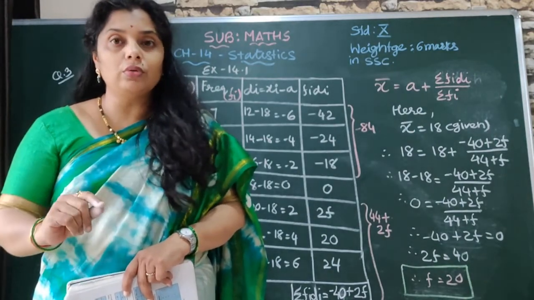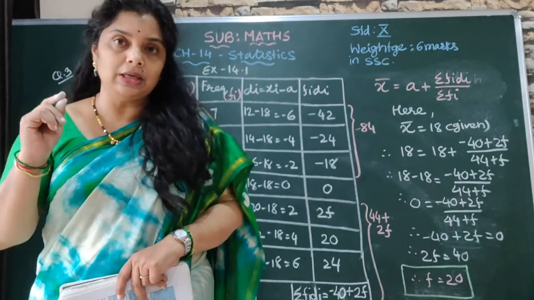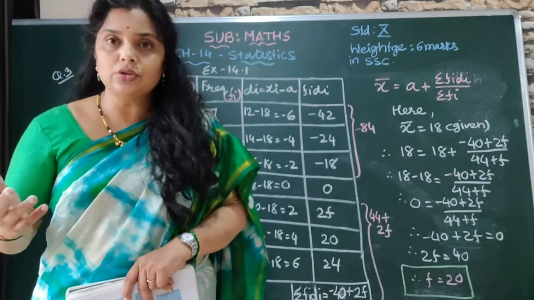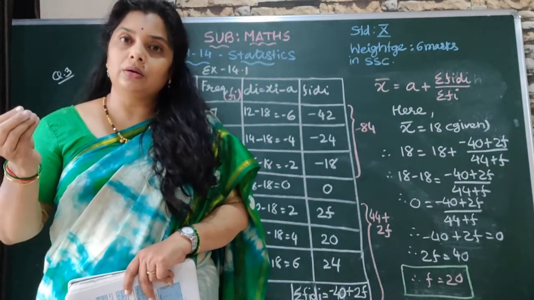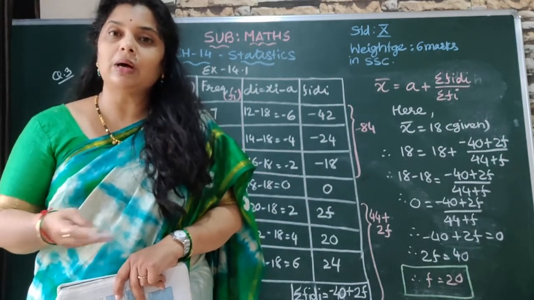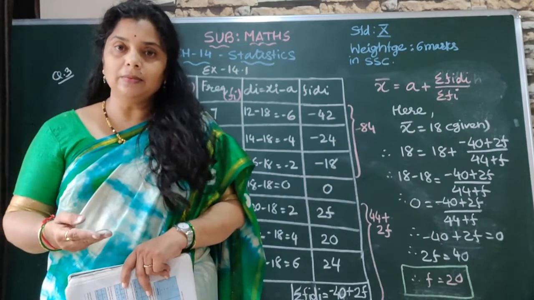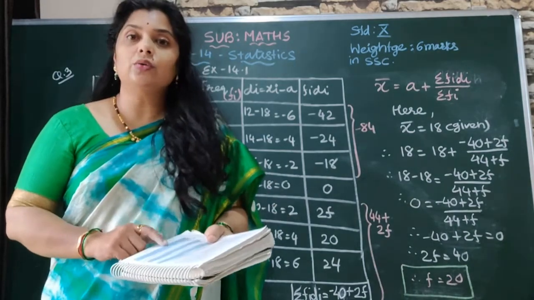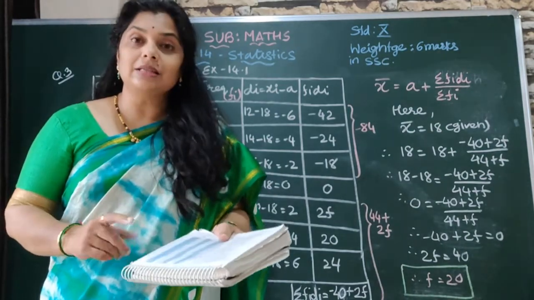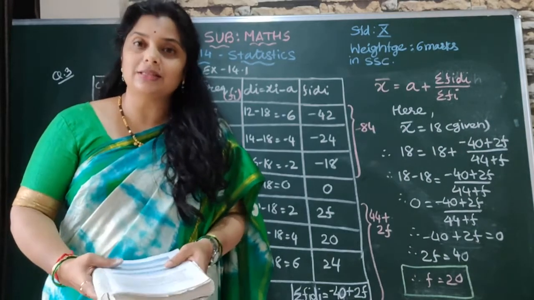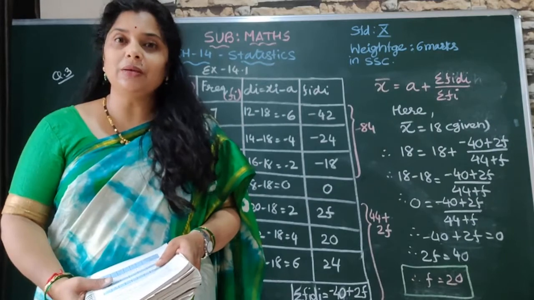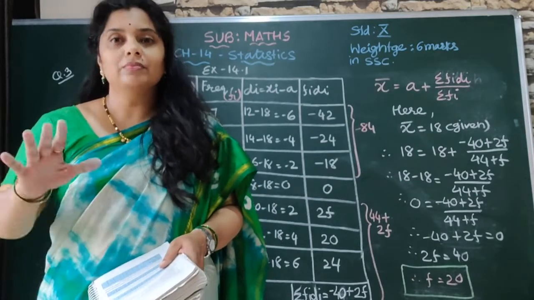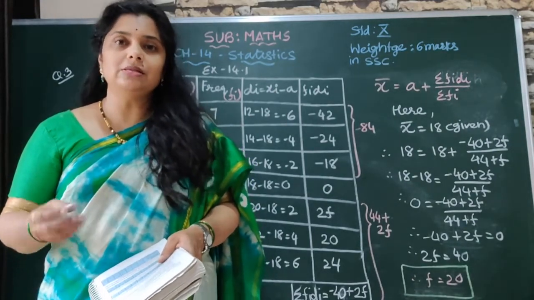If there is no bar on using any particular method, it's your choice to solve the question by any method. Is it clear? Now this particular third question, if it is asked in the exam, you should apply the step deviation method because it is less time consuming and your calculation will be small.